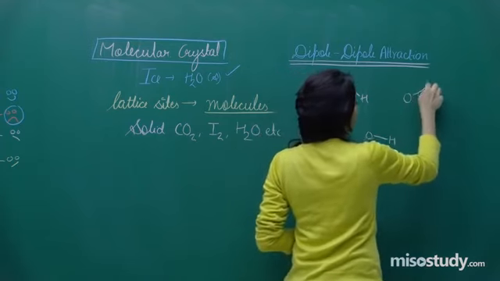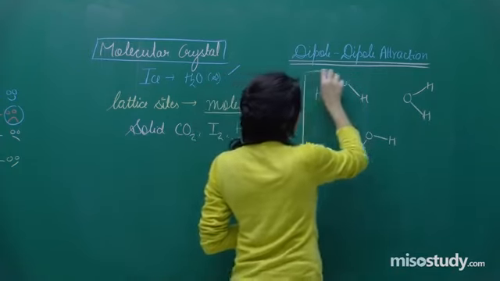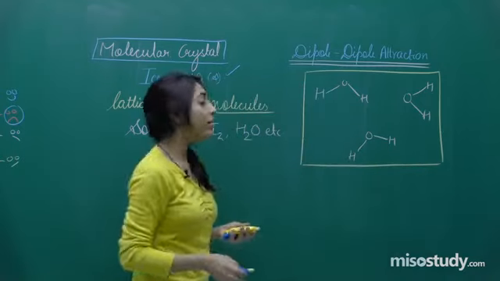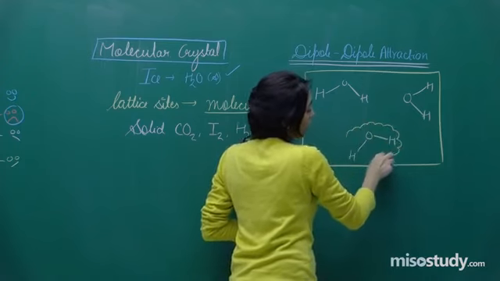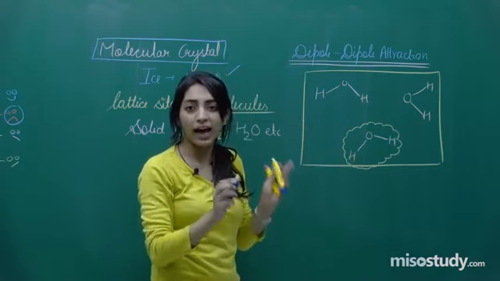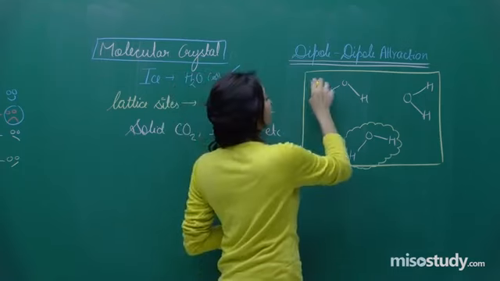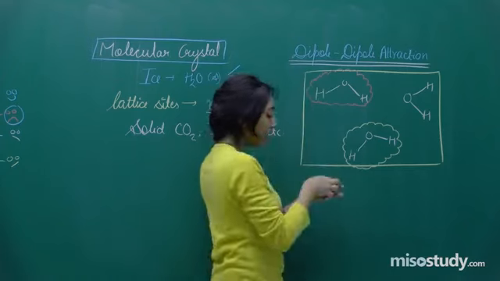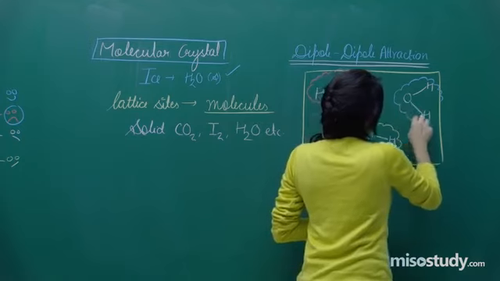So many water molecules are present. Let us consider this as the crystal system. Water molecules are there. Now what is a water molecule? This is one particular molecule which will be considered as a lattice site in the complete crystal. Considering this one particular lattice site, consider another one. This is one particular lattice site.